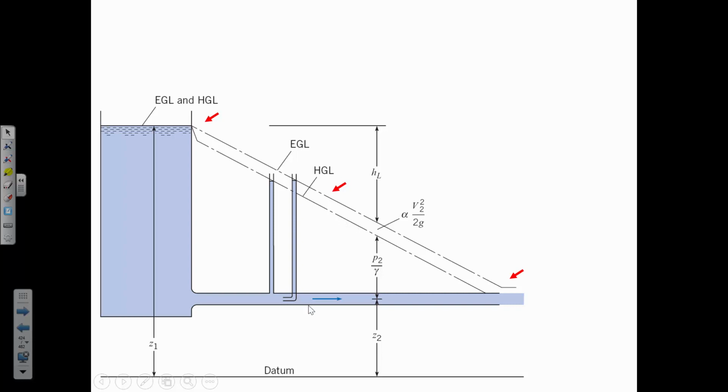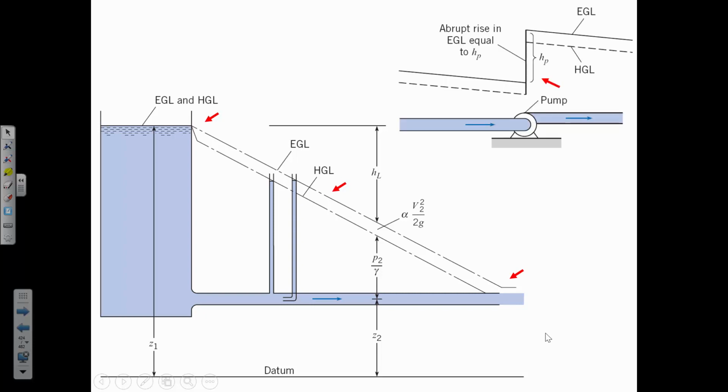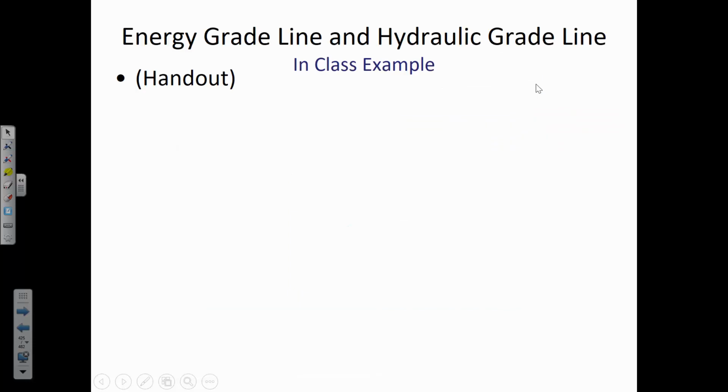There isn't going to be any change in diameter, and so there's always going to be the same gap distance between the EGL and the HGL, and then making sure that the EGL terminates above the water surface. Those are the key things that I'd be looking for if I was grading one of your sketches for hydraulic and energy grade lines. The key thing with the pump is that instantaneous increase in energy. It shouldn't be slanted sideways. It's just a vertical line because it increases the pressure right at a location.